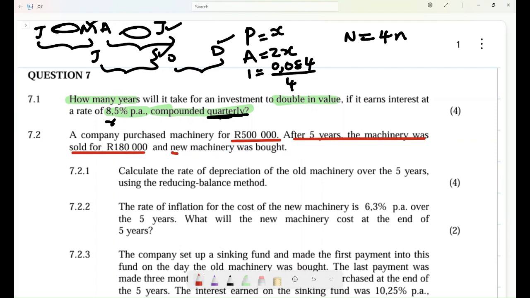Now, hear this story of mine. This is a scenario that we use in finance. I am a student at University of Pretoria, and I bought an HP laptop in 2024 that was worth 24,000.